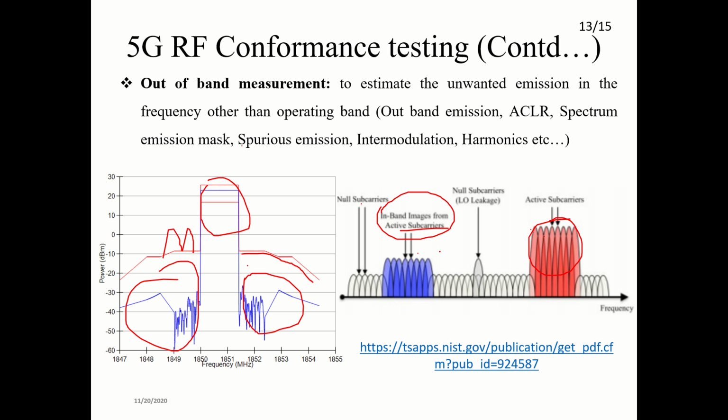These image frequencies come into the picture, and if they are beyond a certain power level, they will affect the performance of other users or other devices, or even this device also. That's why these are all related to intermodulation, harmonics and other stuff. Intermodulation we have discussed already, and harmonics we have discussed already.